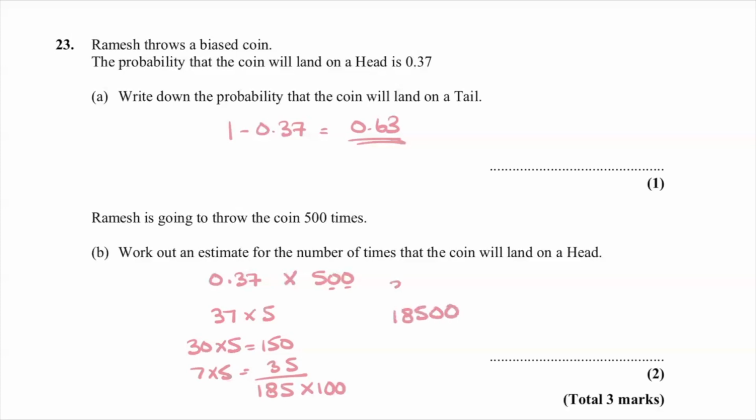Now that is the answer to 37 times 500, but this was a decimal, not a whole number. I'm going to need to come in 2 places to get the decimal in the right place. So 2 places, it basically cancels out the 100 I've just put in. So it comes out at 185.